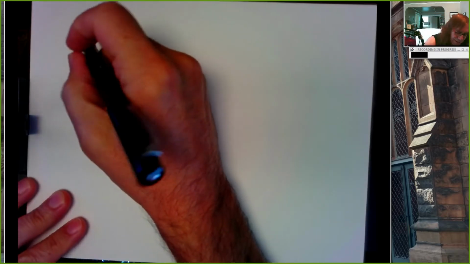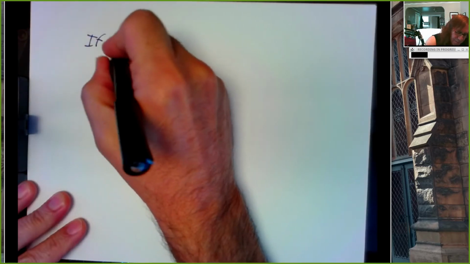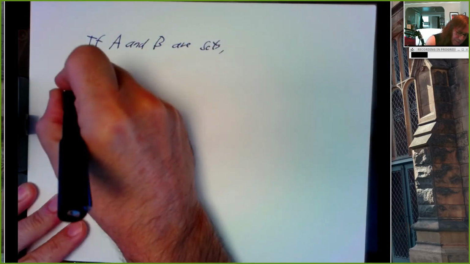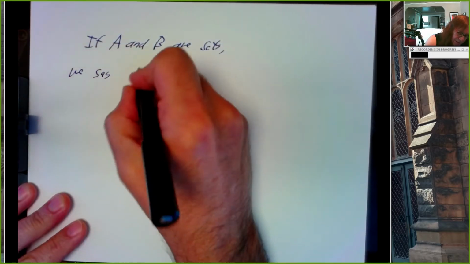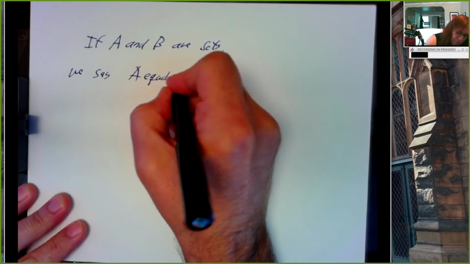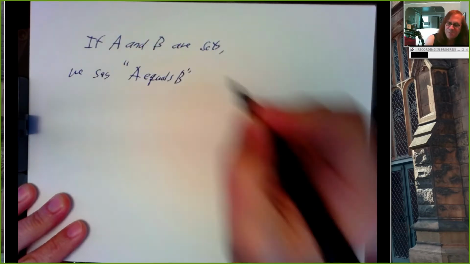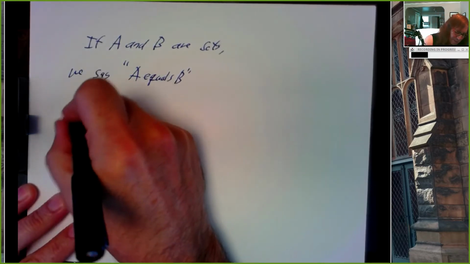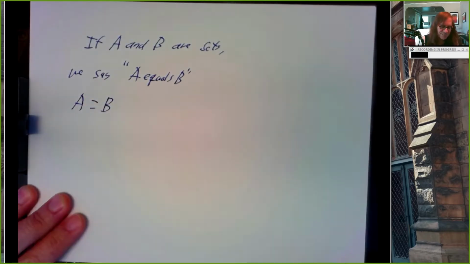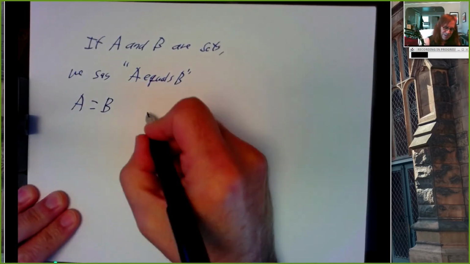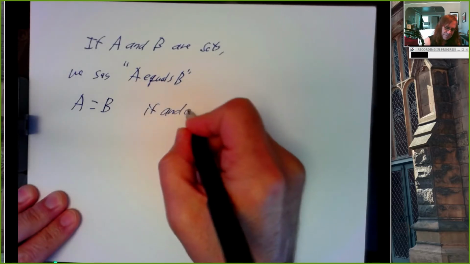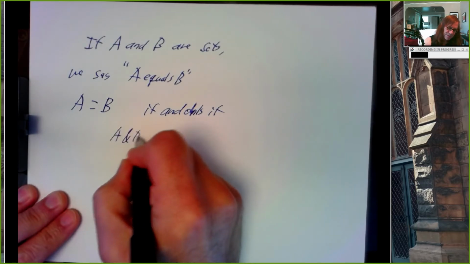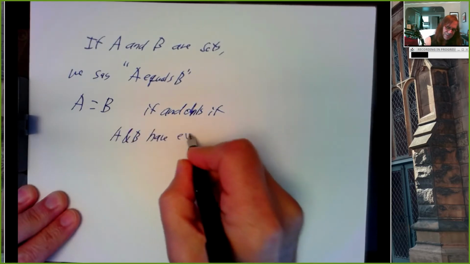So, if A and B are sets, we can say A equals B, or A is equal to B, or A and B are equal, or any other version of that we want, but we can write A equals sign B, if and only if A and B have exactly the same elements.